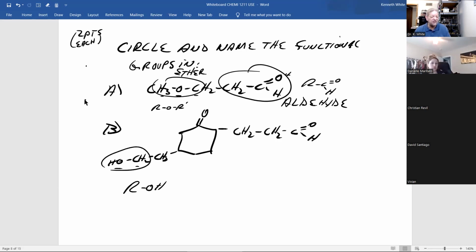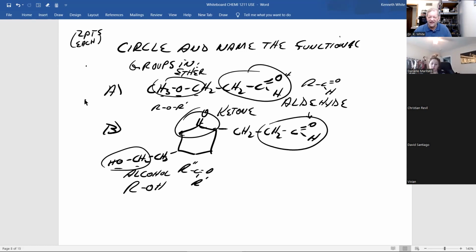And what is this? An alcohol. Ooh, carbonyl, carbons here and here. And what's this? It's a ketone. We're not done. One more oxygen here. And what do we have? Again, this is an aldehyde.